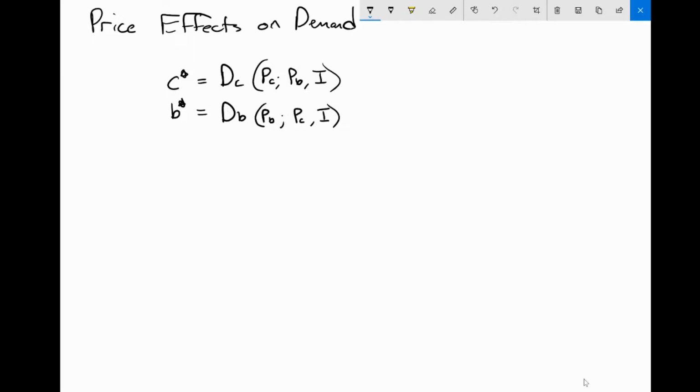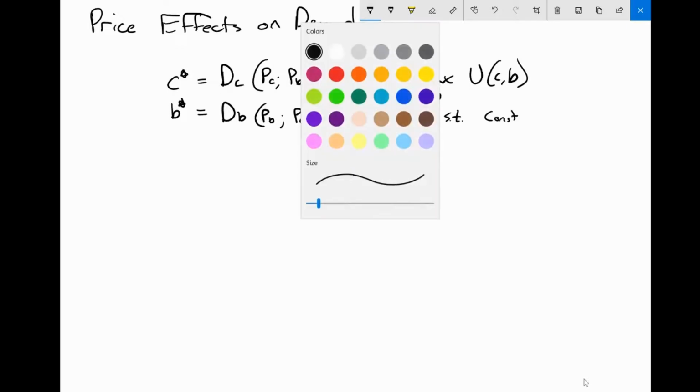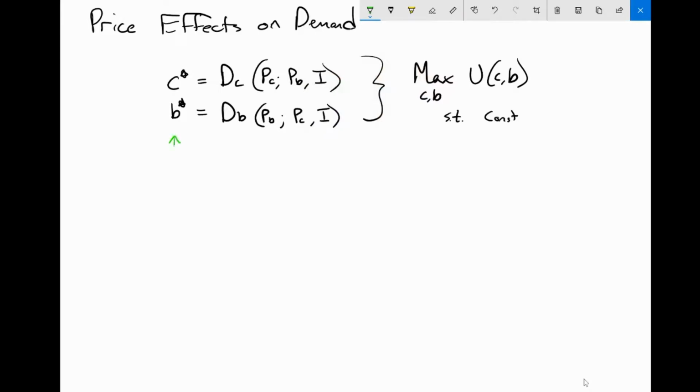Here are demand functions which we derive from a utility maximization problem. Basic demand functions come from consumer preferences and consumer decisions. That's where our demand functions come from. They are functions that give quantities as a function of prices.